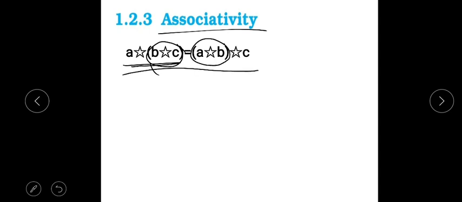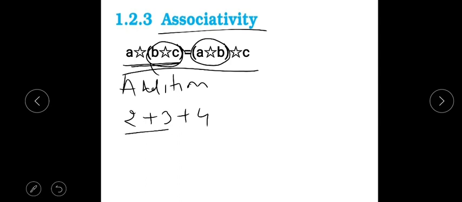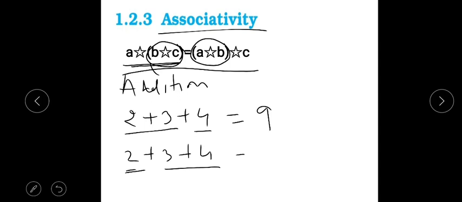Or we can say, suppose for addition, say 2 plus 3 plus 4. Now how are we adding these numbers? Either we add 2 plus 3, that is 5, plus 4 is equal to 9, or the other way would be 3 plus 4 is 7, 7 plus 2 is 9.